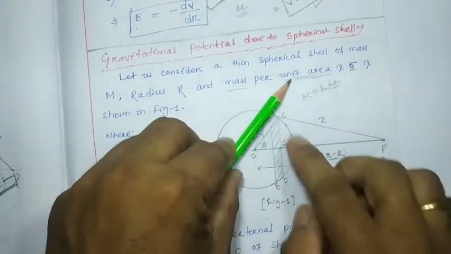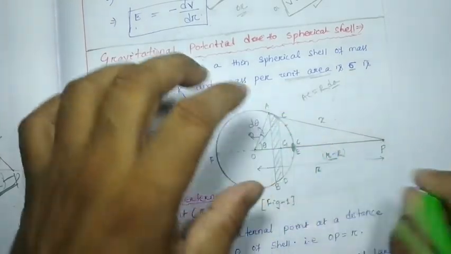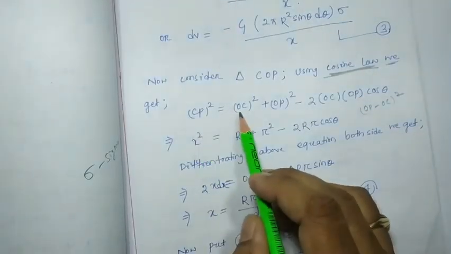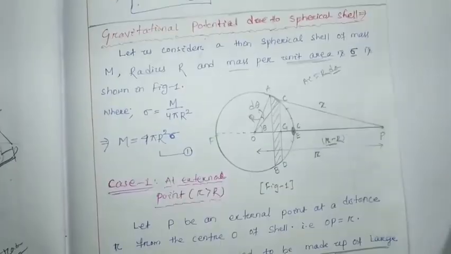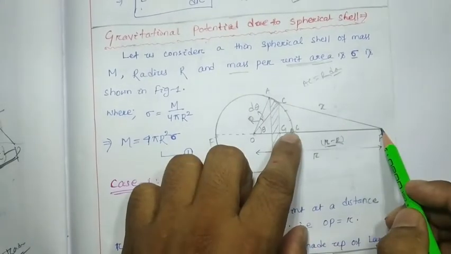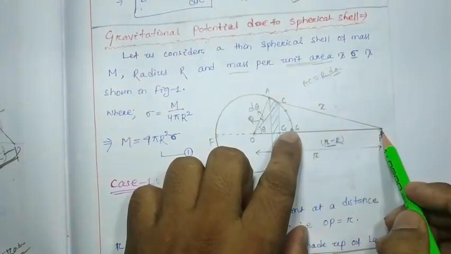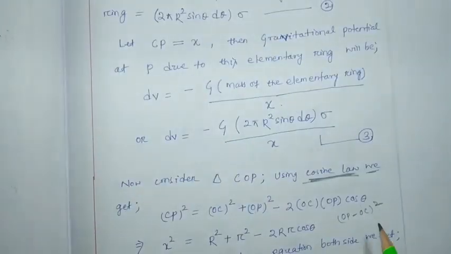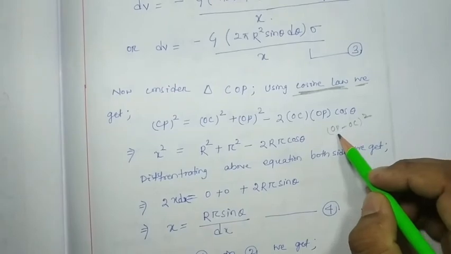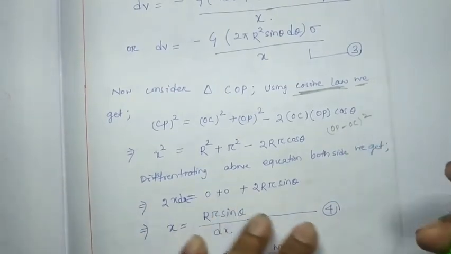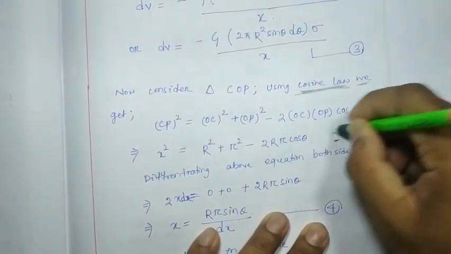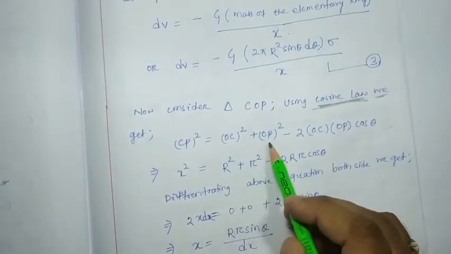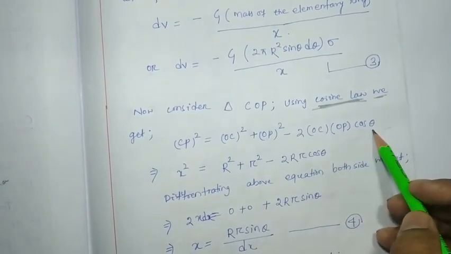Theta will be 0 means C comes to here. So CP square according to the cosine law is this much distance, OP minus OC whole square that we found. So according to the cosine law, CP square equals OC square plus OP square minus 2 OC OP cos theta.